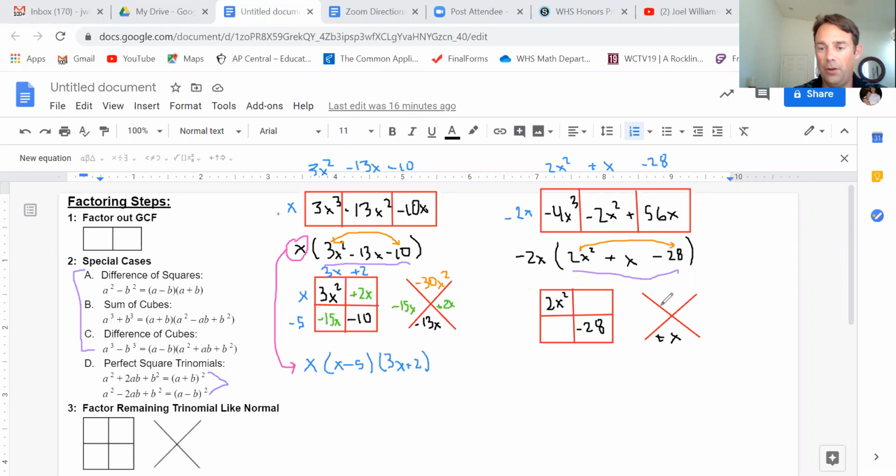So if I multiply them together, I'd end up with a negative 56x squared. So I'm looking for two factors of negative 56x squared that would add up to be positive 1x. And again, that would be a positive 8x and a negative 7x.